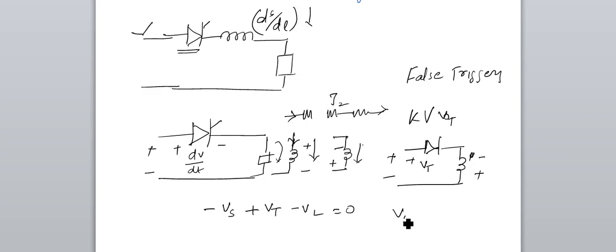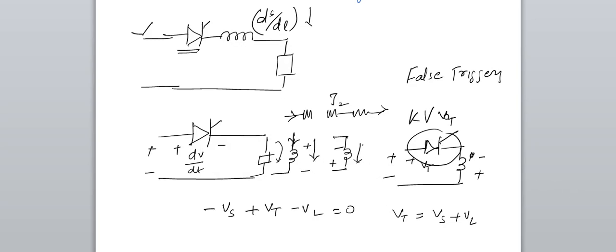So Vt is nothing but Vs plus VL, right? So the load voltage plus the supply voltage is coming across your SCR, and there the problem occurs. Okay, so we are not giving anything, it is just because of the nature of your inductor, and because of that the voltage is coming across that, and that's why the problem occurs.